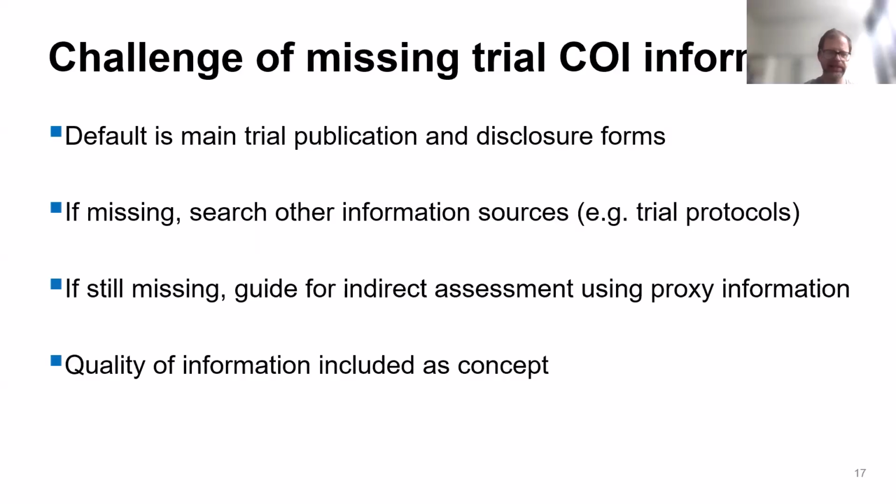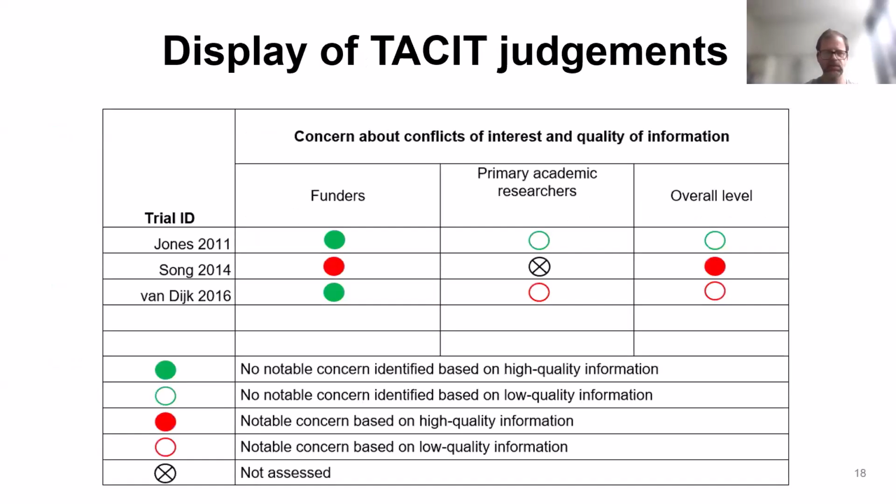To reflect these cases of poor reporting and poor information, we have included quality of information as a concept in TACIT. As you remember, your judgment can be based on either high quality or low quality information, to reflect this uncertainty sometimes in relation to your judgments.